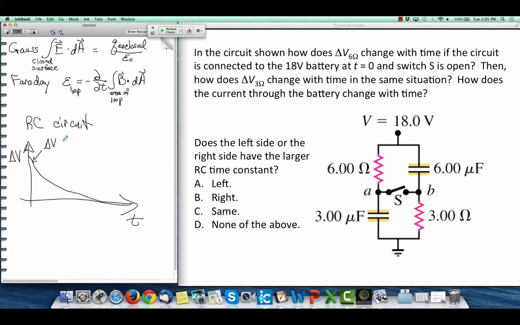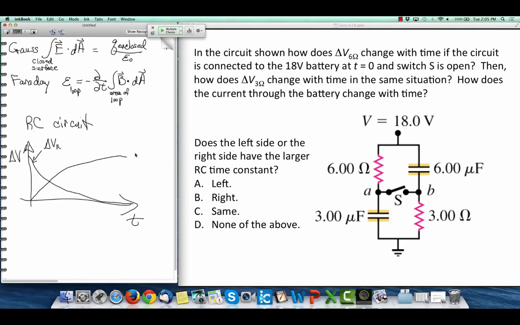What delta V is that a picture of? The resistor or the capacitor? Capacitor starts out uncharged. So it's got to be the resistor. What's the capacitor doing? Well, you have an RC circuit, so the resistor voltage plus the capacitor voltage have to add up to a constant, the battery voltage.